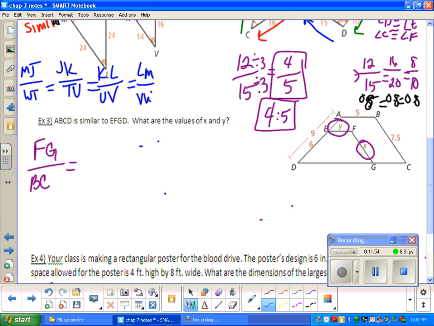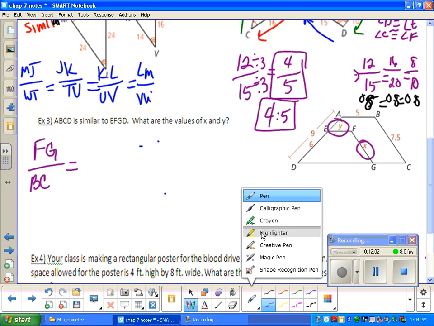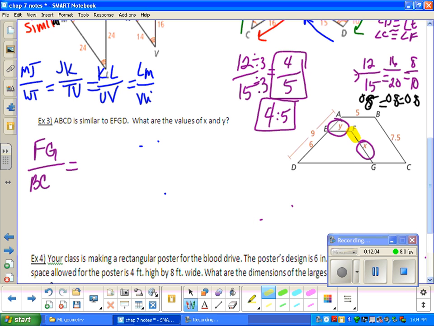equals, and then I'm just going to use another set that I have numbers for. So what I'm doing here is saying that if FG over BC, and then I can pick, I don't know, let's pick AD over ED. I'm going to black it out.